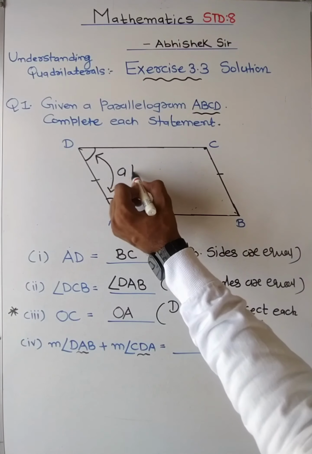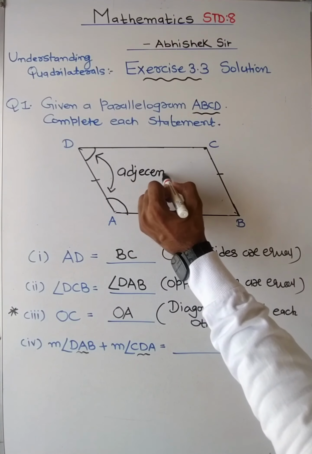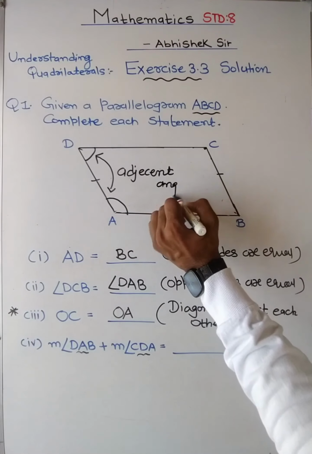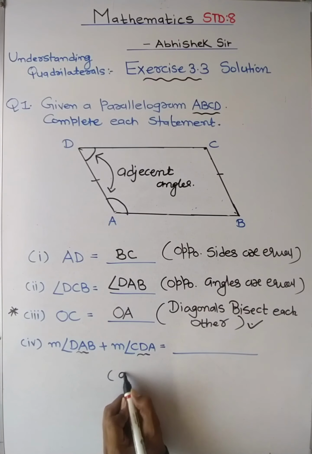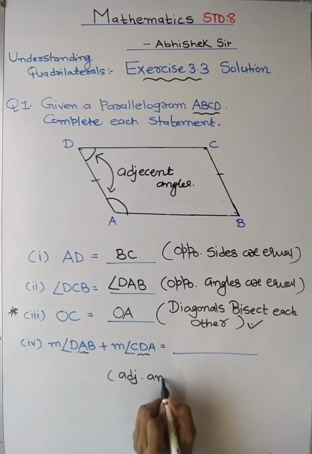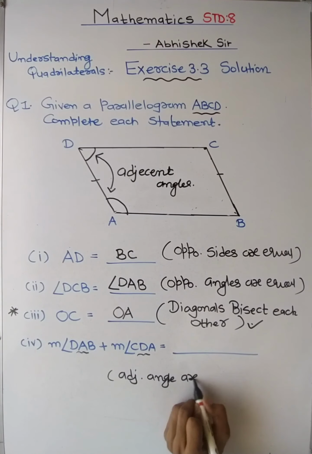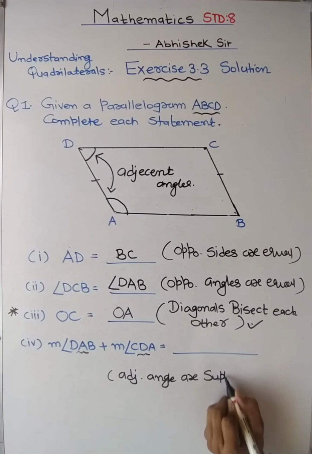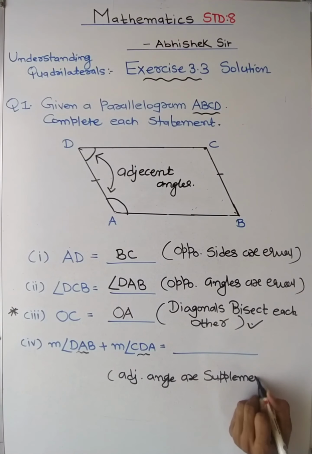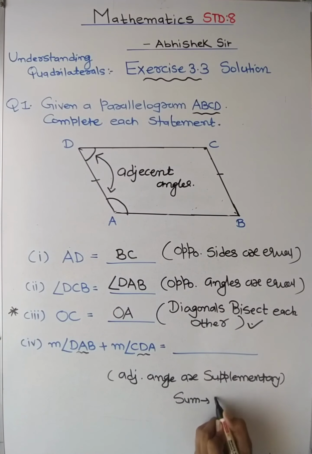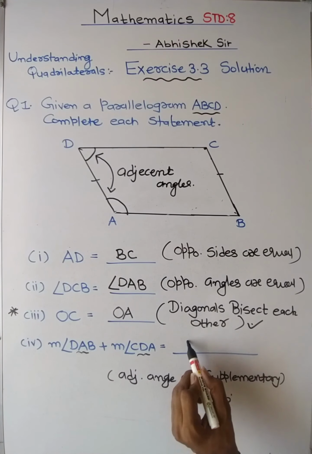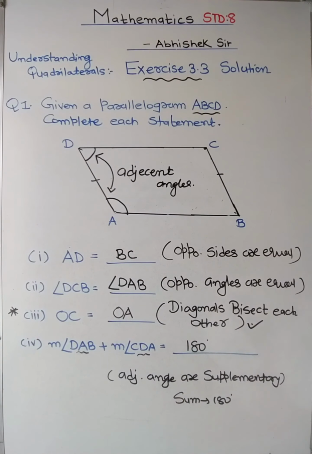These two angles are adjacent angles. Clear? So these two are adjacent angles, and we know that adjacent angles of a parallelogram are supplementary. That means their sum is 180 degrees. So here we will write 180 degrees. So this is all about question number 1.